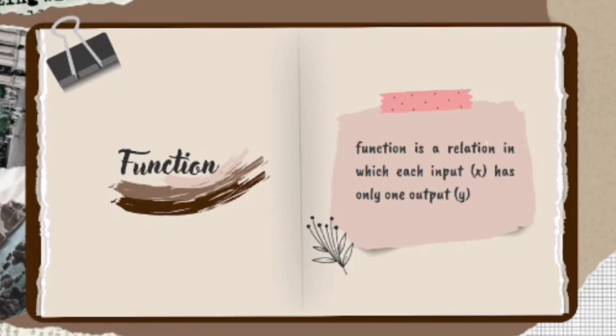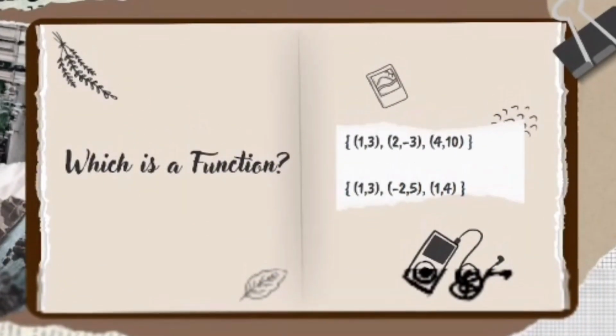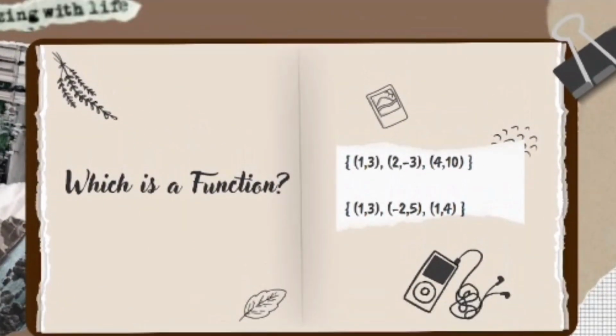The next slide is a function. What is a function? A function is a relation in which each input x has only one output y. Now, I have two different relations, so I want you to observe the first set of ordered pairs.